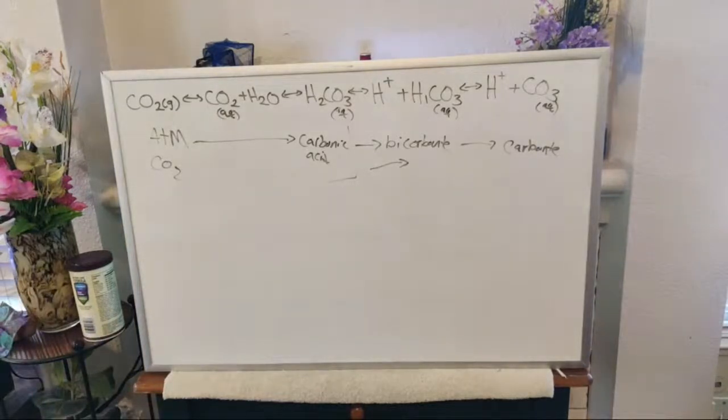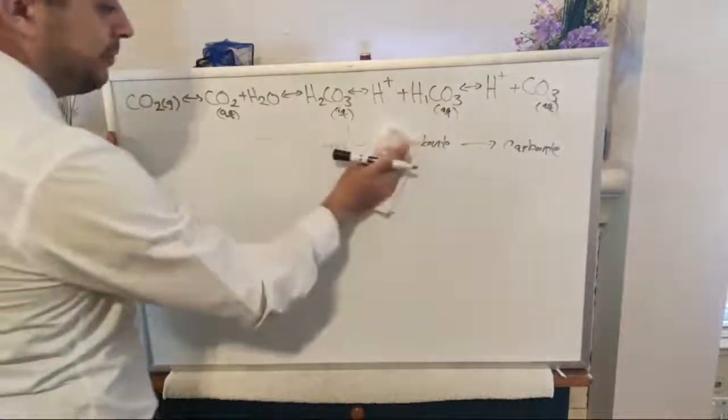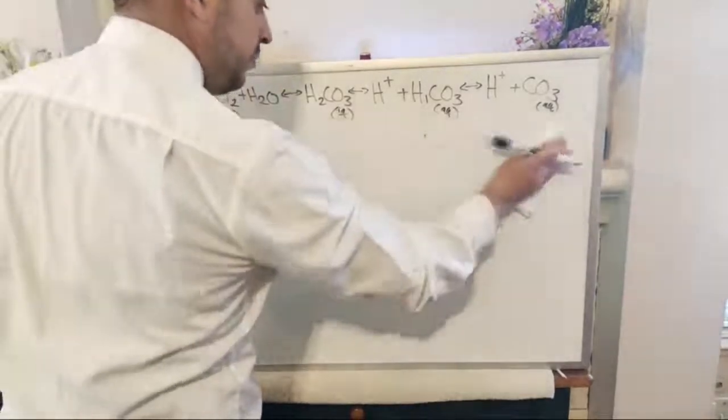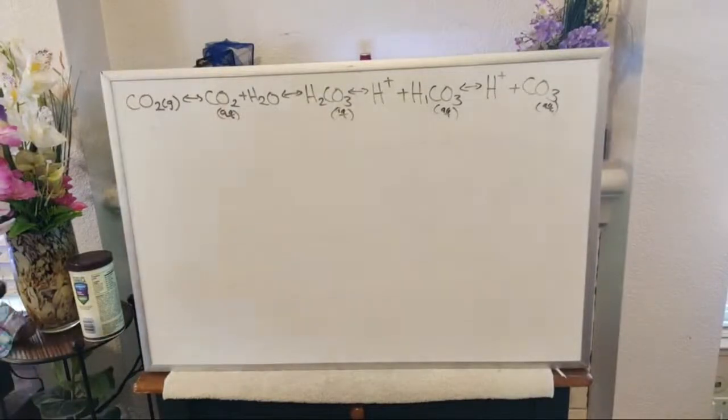Alright, so now the next thing that I want to show you guys are the K values, or equilibrium constants. But this might sound confusing to a lot of people. Alright, anyways. I'm gonna write down a few things.